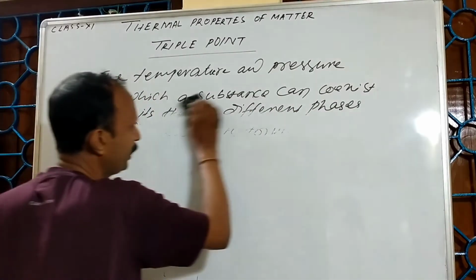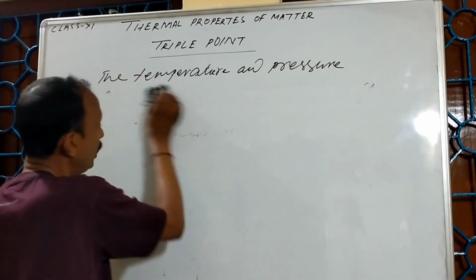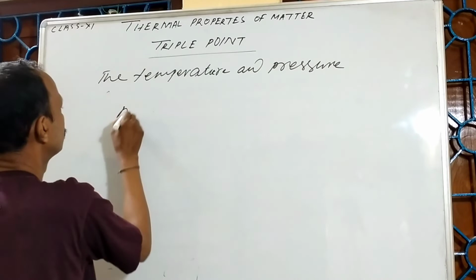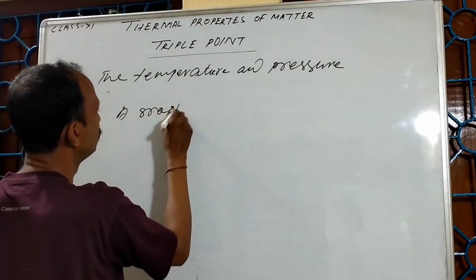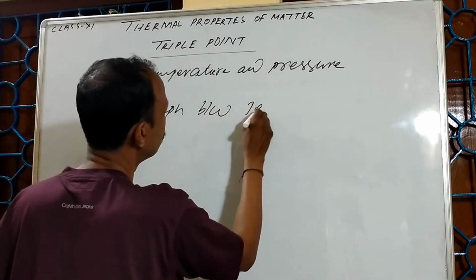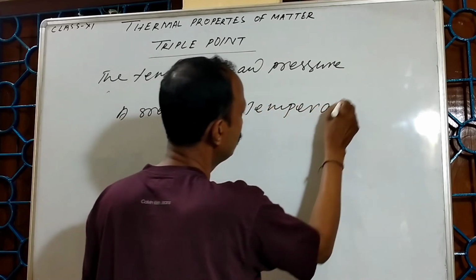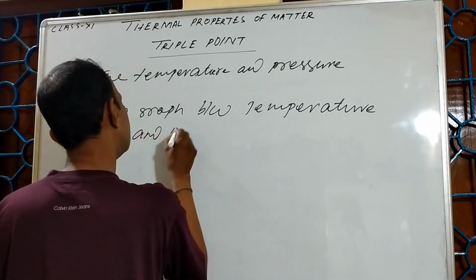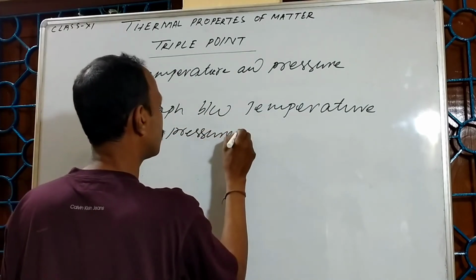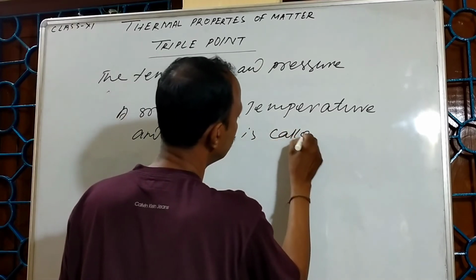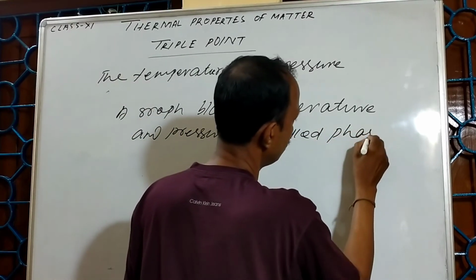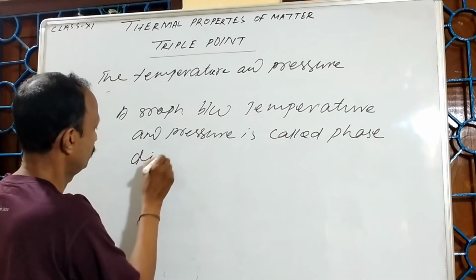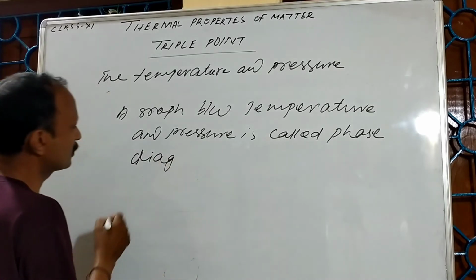A graph between temperature and pressure of a substance is called a phase diagram, or you can say phasor diagram.